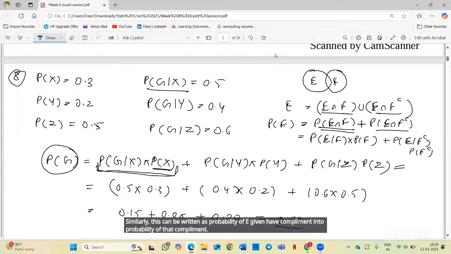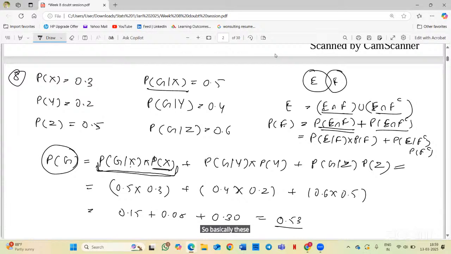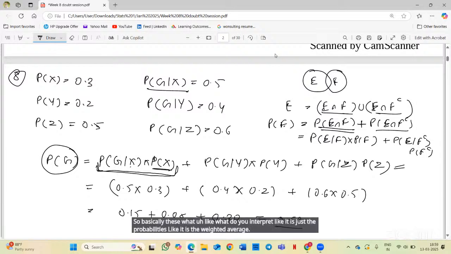So what do you interpret? It is the weighted average of the conditional probability of E given F occurs and the conditional probability of E given F does not occur. We are just considering the weighted average for each condition, when F occurs and when F doesn't occur.